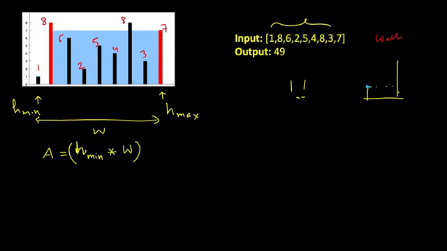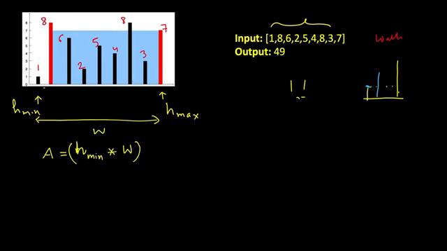So unless you increase it, you cannot gain by decreasing the width. If you decrease the width but you don't increase this minimum, you will get a smaller area. So the only way to increase your area by decreasing width is to find a bar which is higher than this minimum. This minimum can be on the left side or the right side. Maybe this bar was very tall and this was small.